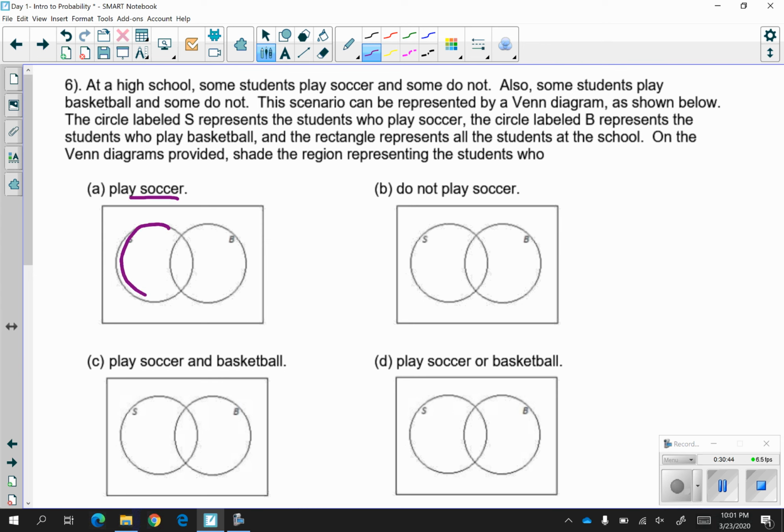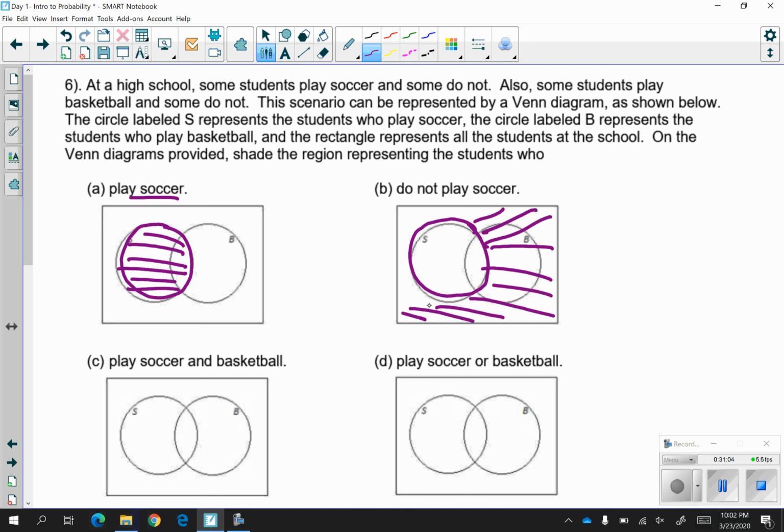So circle soccer and fill it all in. B wants you to find the probability of not playing soccer. So what you're going to do is take the soccer circle and shade everywhere else. Terrible shading on my part, but you get the point.